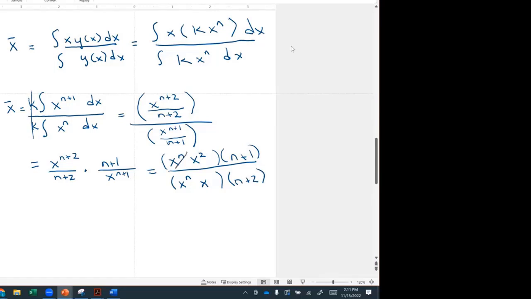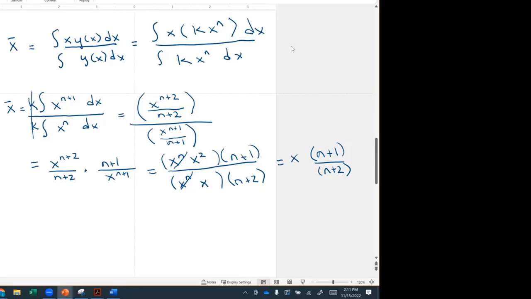I can cancel this with this. I can cancel x squared with x, and I get x times n plus 1 over n plus 2. If I knew what n was and I knew what x was, I have the x value where my center is.